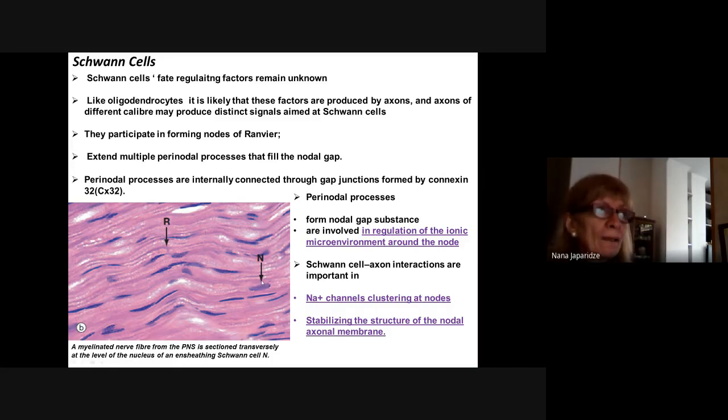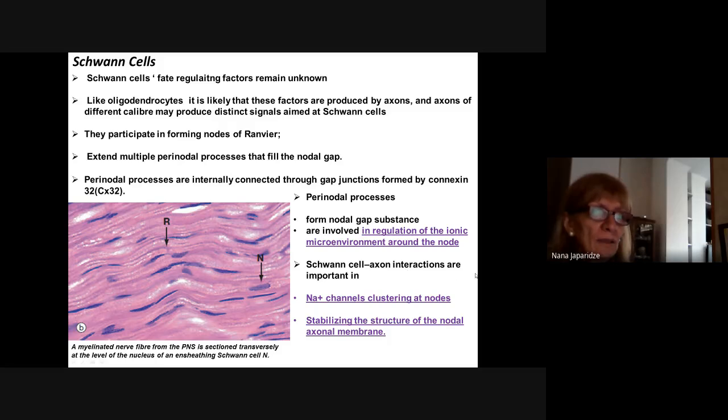Okay. So the Schwann cells regulate very intensively the content of the myelin. They give rise to the nodes of Ranvier, and they are involved in the regulation of the ionic content, the ionic microenvironment around these nodes.